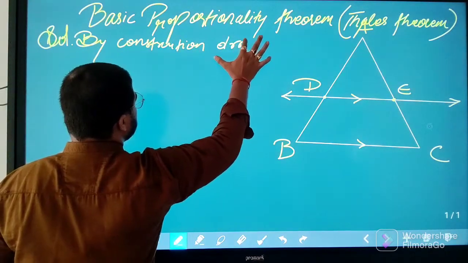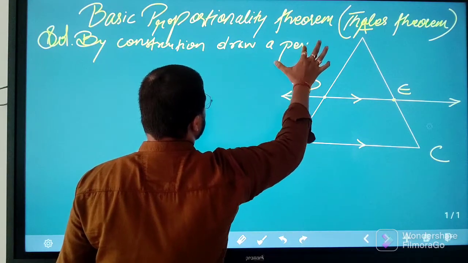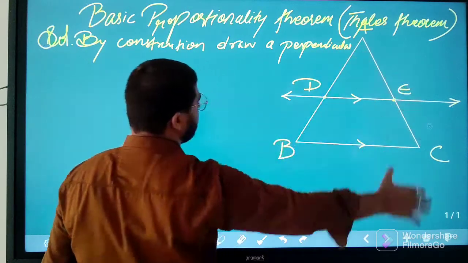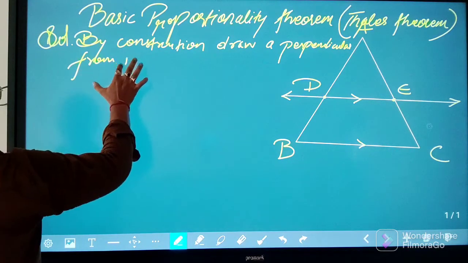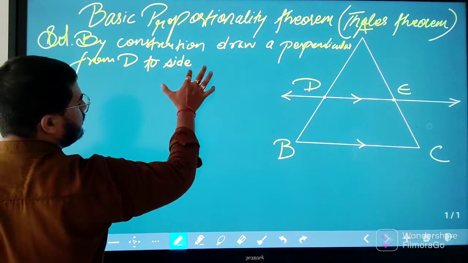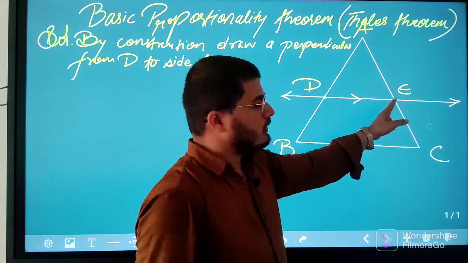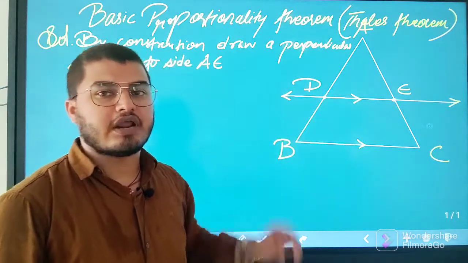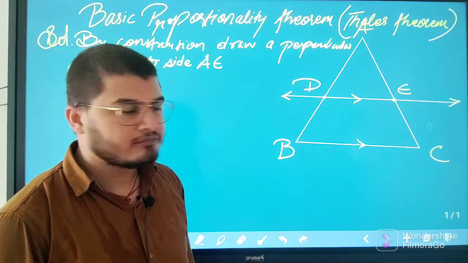draw a perpendicular from D to side AE. Now please listen carefully. ADE is forming a triangle within a triangle. It's a small triangle inside this bigger triangle. Am I right?